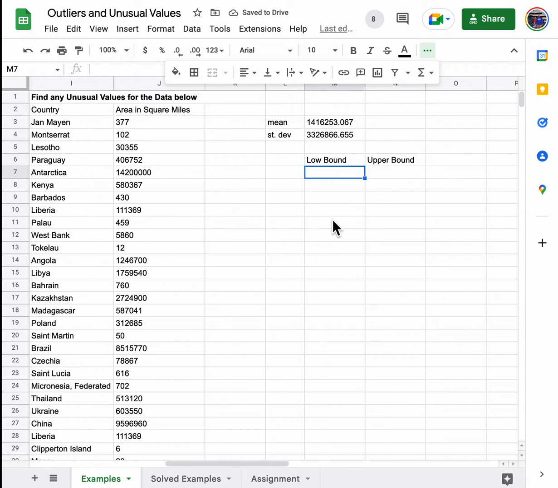For the low bound, just going back to the notes, X bar, which is the mean, minus 2 times whatever the standard deviation is. So in this case, my X bar is right here, minus 2 times whatever the standard deviation is.